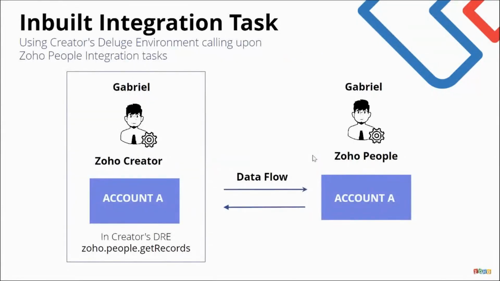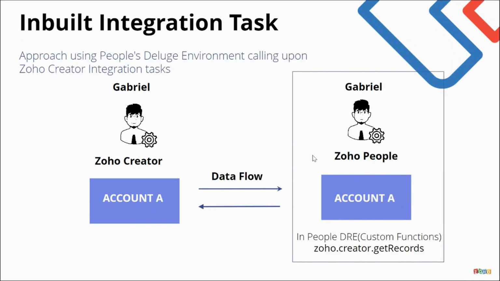Within the inbuilt integration task, we would also get a little more in-depth and take various approaches. In case you're using Creator's Deluge environment, then we would be using Zoho People's inbuilt integration task to send or receive data from Zoho People.